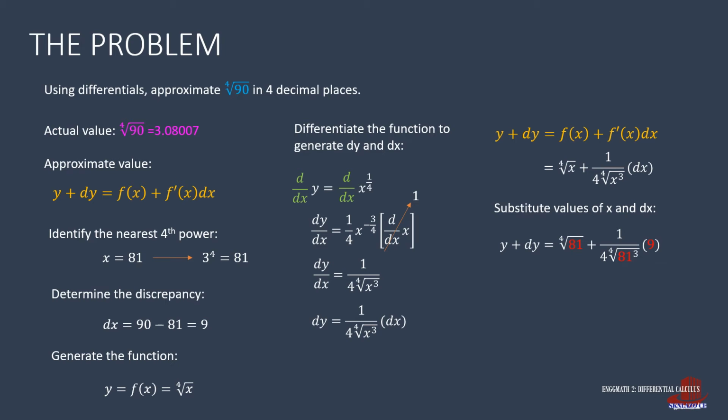Y plus dy is then the fourth root of 81 plus 1 over 4 of the fourth root of 81 cubed multiplied by 9. This is simplified as 3 plus 1 all over 12, which gives the final approximation of 3 and 1/12, or 3.0833, a really close value from the actual root of 3.08007.